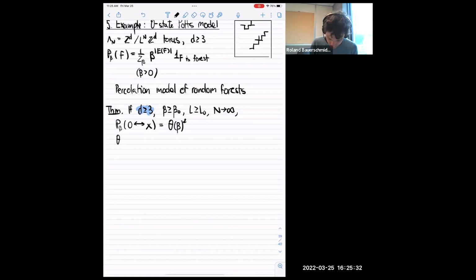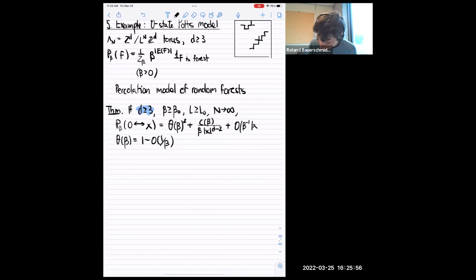And this constant theta of beta is 1 minus order 1 over beta. So it's positive if beta is large. And then most interestingly, the correction is free field like.